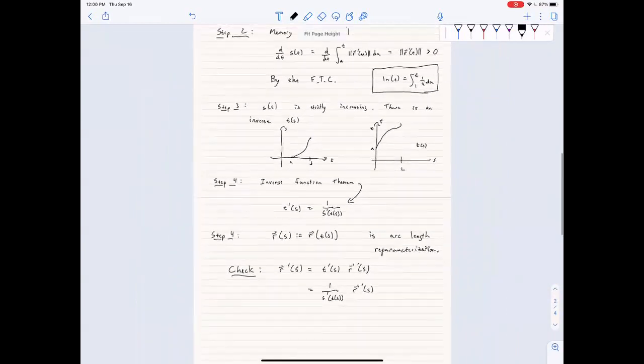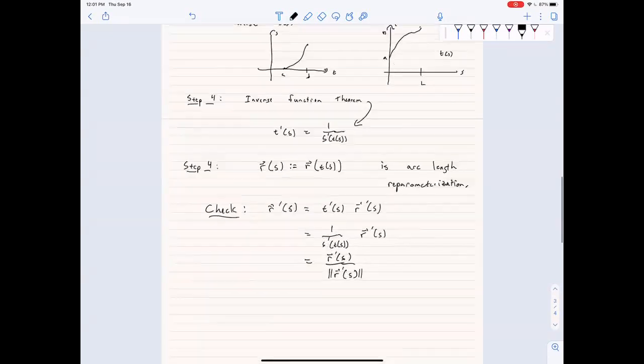So I will get 1 over the norm of R prime of S, and then S prime is the norm of R prime of T, but when I write S there, I replace it with T of S.